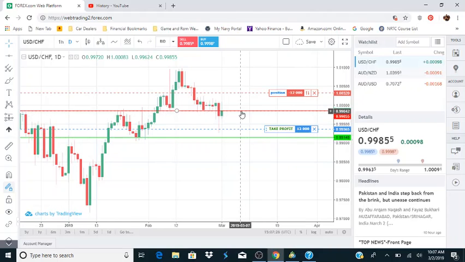If you want to just make a few pips on a buy, you could buy at the current position, which is at 0.99855. And if I were you, I wouldn't go past the 0.9996 range, or not even past the 1.0050 range. I honestly wouldn't go past that for a buy.